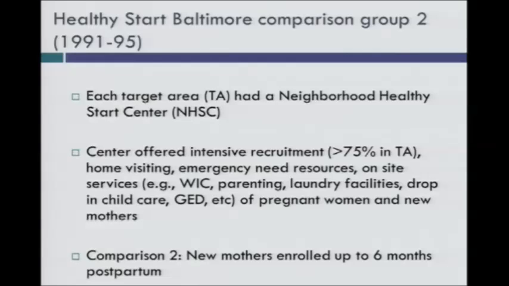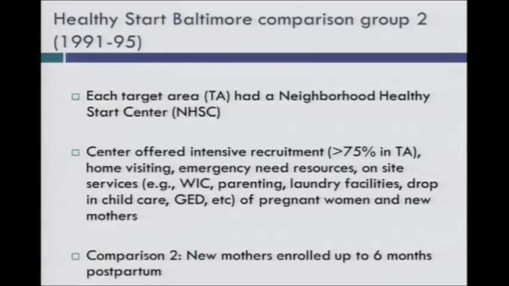By the way, Healthy Start had a great reputation in both those communities. As I mentioned, they offered a nice center with all kinds of services that maybe people didn't have at home. There were free laundry services, drop-in childcare, WIC, et cetera. And they would try and enroll women who were eligible.